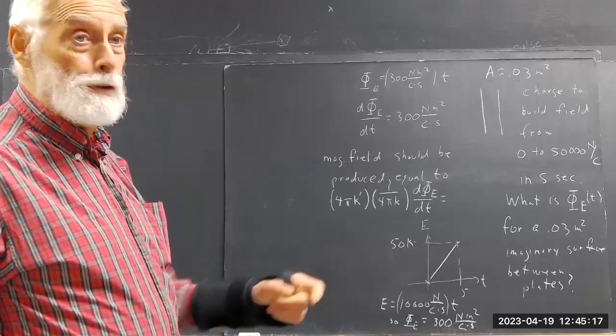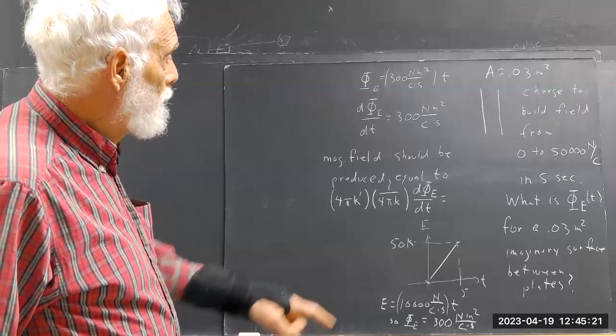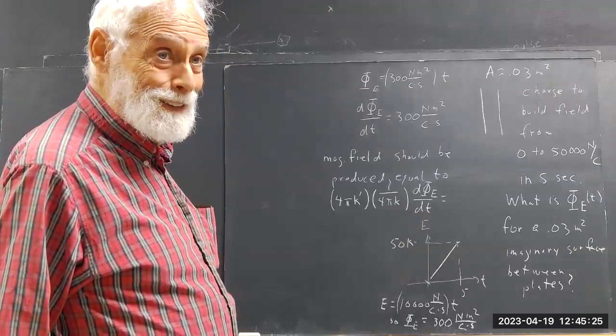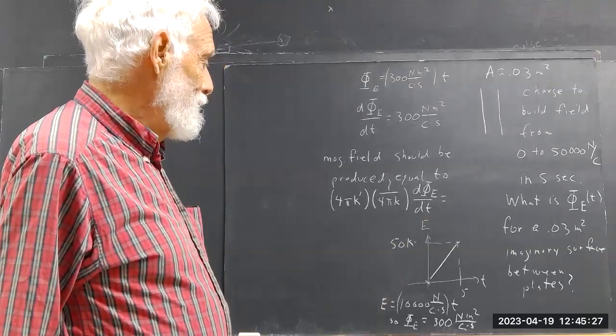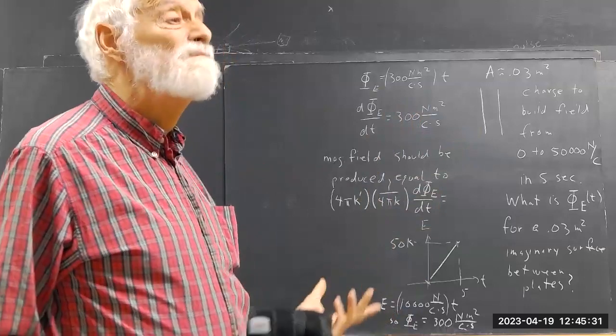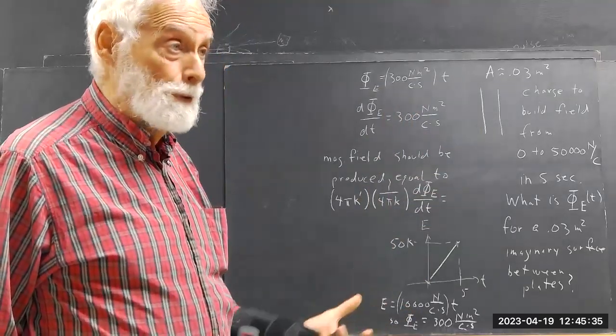When the thing discharges, then the time interval is going to be a whole lot less than 5 seconds, right? And it's going to fall from, say, 50,000 newtons per coulomb to 0 in less than a millisecond, maybe a microsecond.